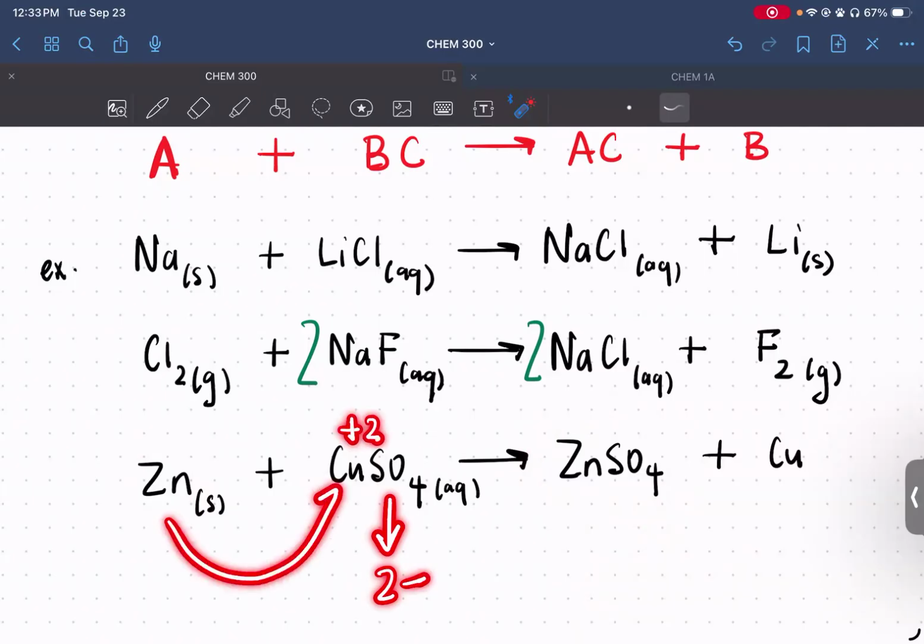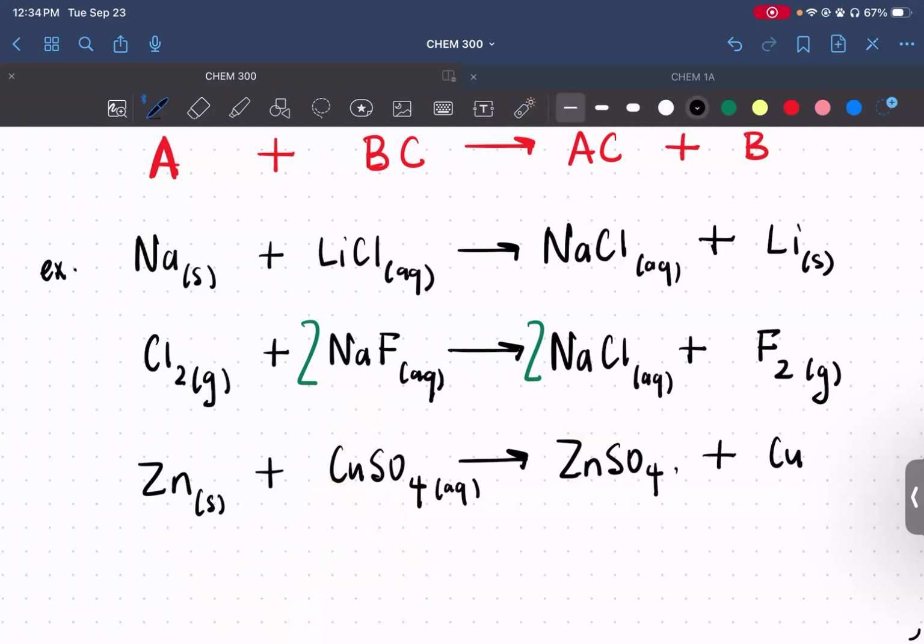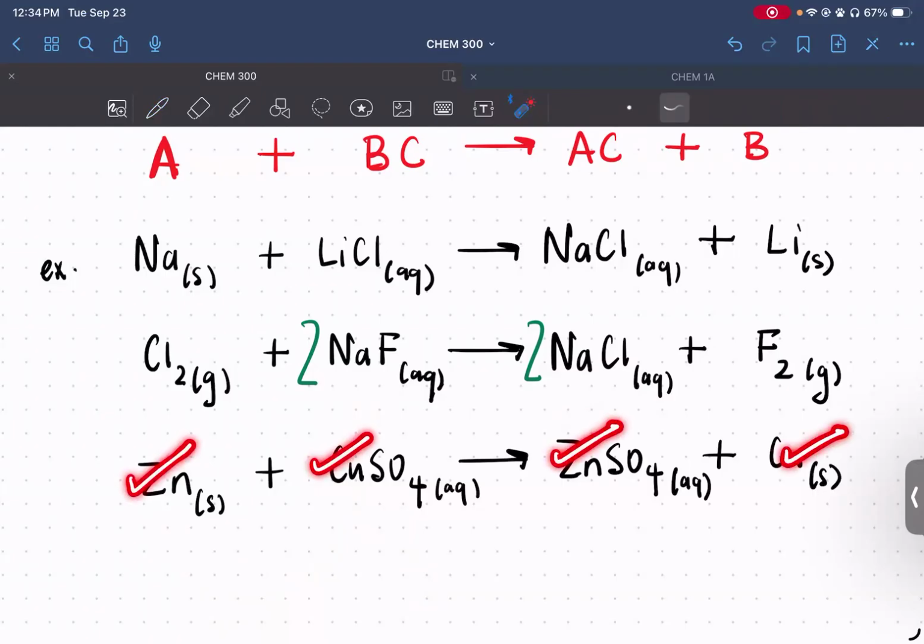So when zinc replaces copper, it also becomes +2. Zinc sulfate is aqueous, copper is solid. 1 zinc, 1 zinc, 1 copper, 1 copper, 1 sulfate, 1 sulfate.